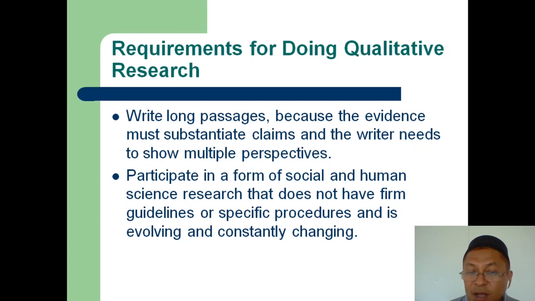And then you must be willing to participate in a form of social and human science research that does not have firm guidelines or specific procedures and is evolving and constantly changing. In other words, most of the time, even though you are doing a formal research, okay, that research could be your PhD work or master research project, or probably a funded research.